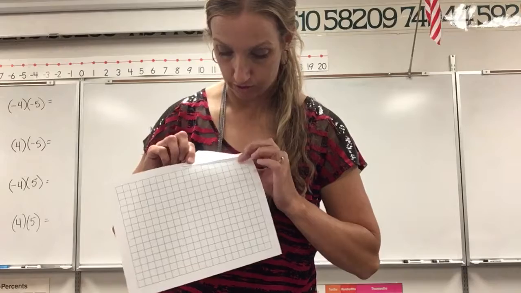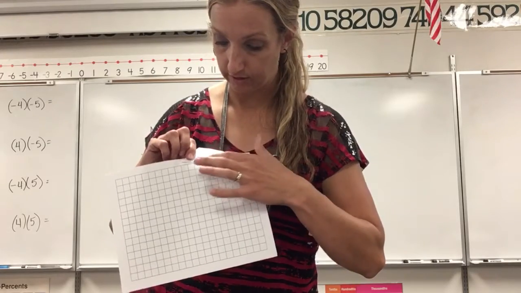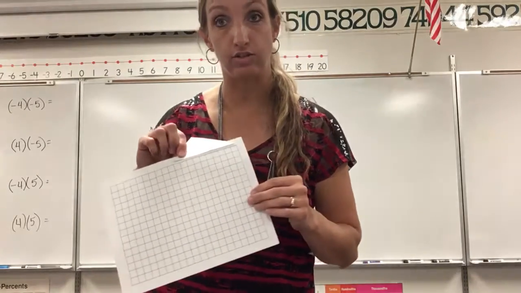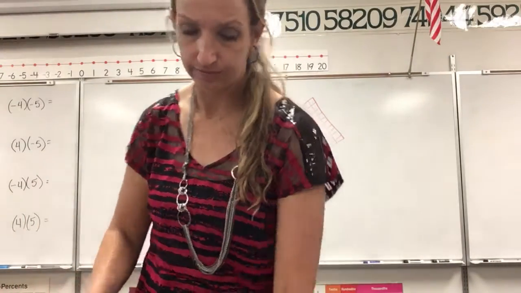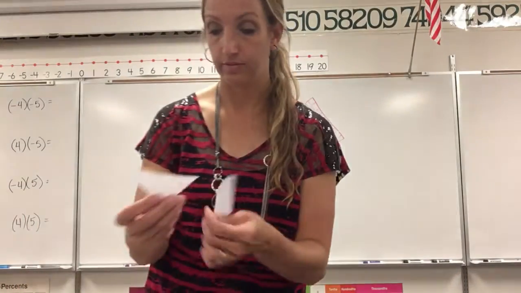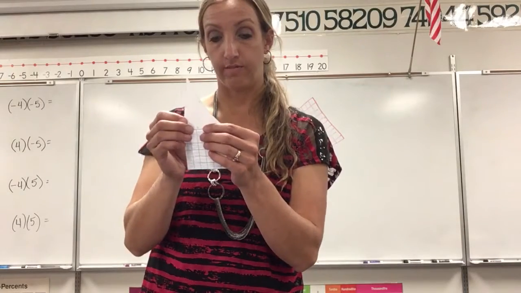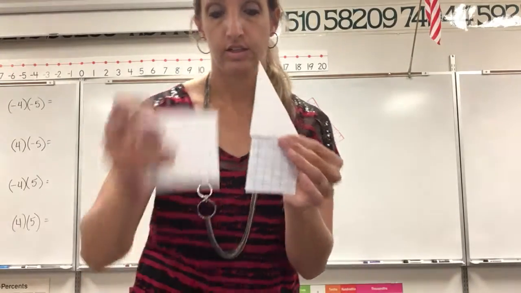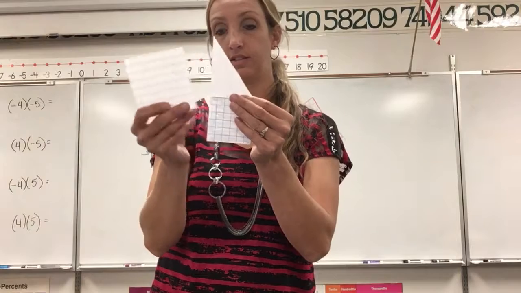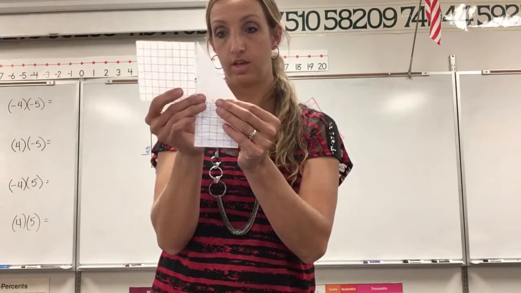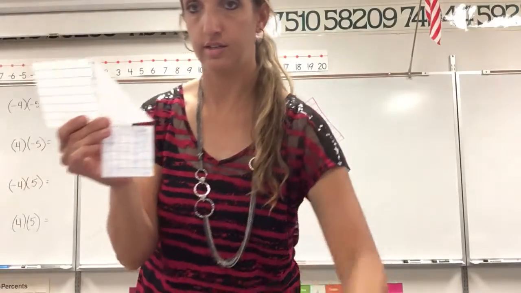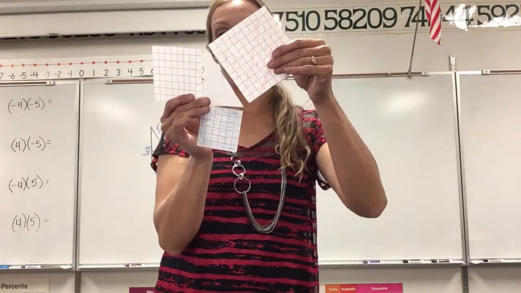It is 1, 2, 3, 4, 5, 6, 7, 8, 9, 10. It's 10 units long. So I'm going to cut out a 10 by 10 square for that one. So here we have my 6 by 6. Here's my 8 by 8. And then my 10 by 10 to match that side.